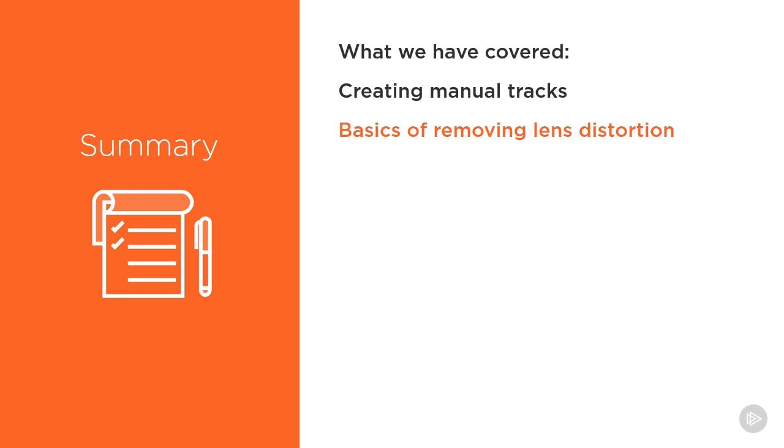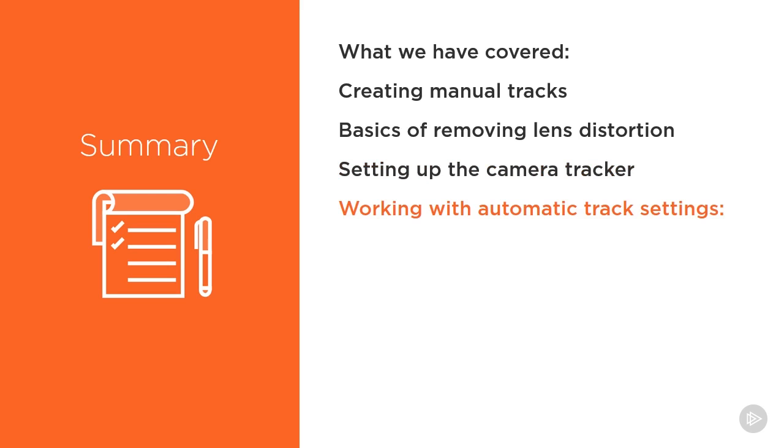There is a lot more information that would be required if you need to do a lot of lens distortion removal or correction. We really just went over the basics. We also talked about setting up our camera tracker, basic settings such as the film back, the lens, as well as the resolution of our footage and the type of camera movement. We also took a look at setting up the automatic tracks.